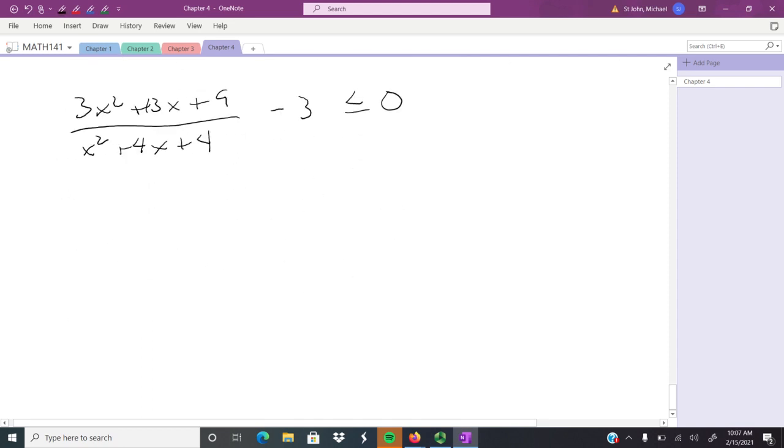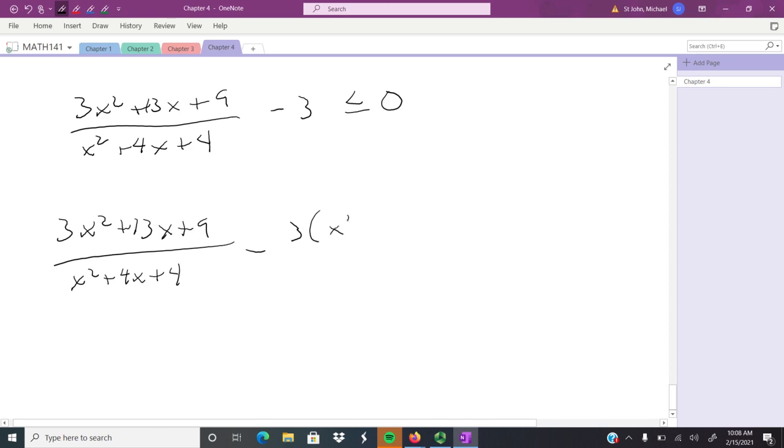Again, to add or subtract, we need to have a common denominator. So this will be 3x squared plus 13x plus 9 over x squared plus 4x plus 4 minus 3 times x squared plus 4x plus 4 over x squared plus 4x plus 4.